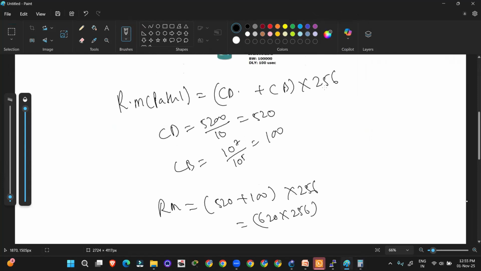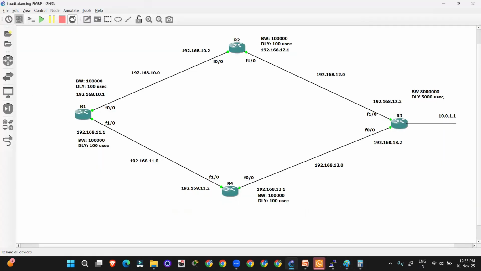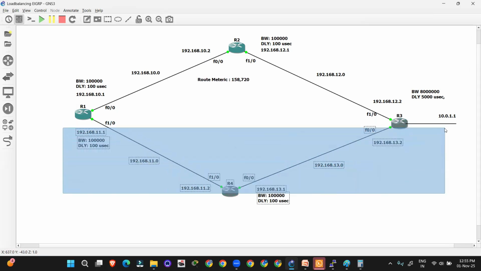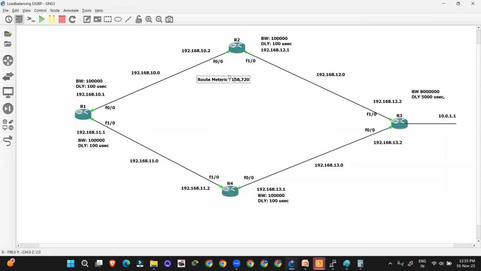So as we have found, the route metric for path number one is 158720. As we can see, all the factors remain the same on path number two also. So the route metric will remain the same for path number two.